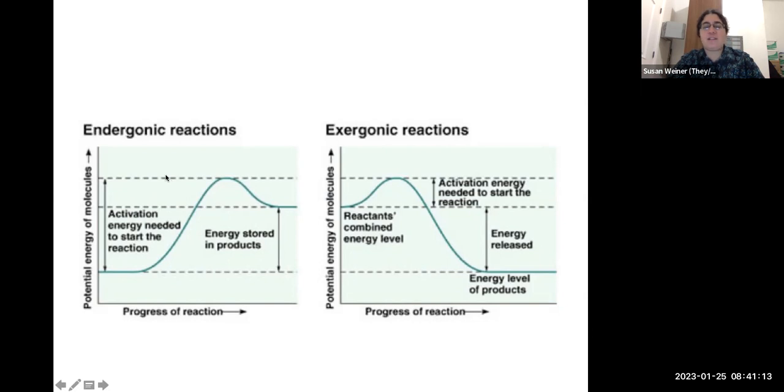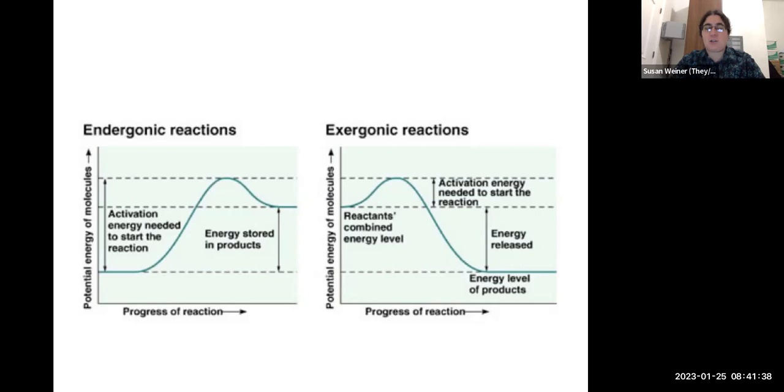Now, a reaction is classified as endergonic or exergonic based on which has more energy, the reactants, the starting place, or the products, the ending place. If it's endergonic, that means energy is going in to the product, so that endo, inside.